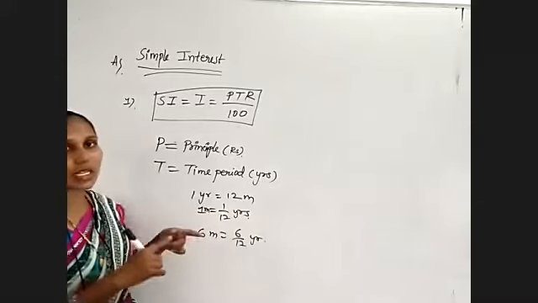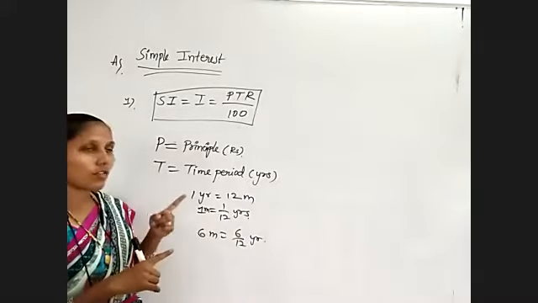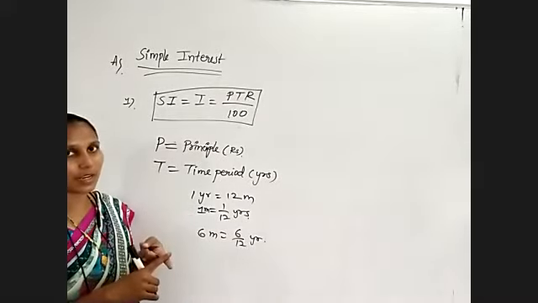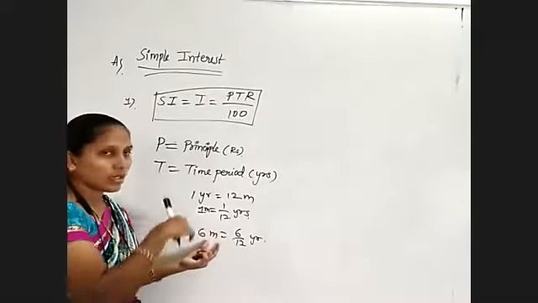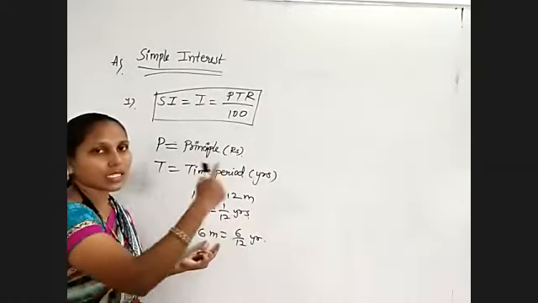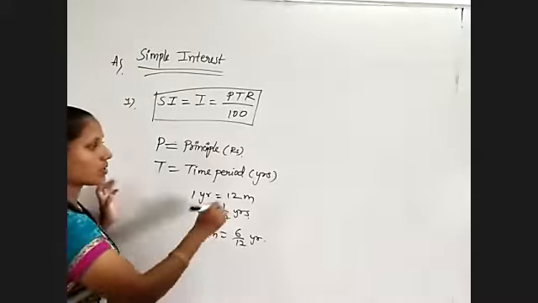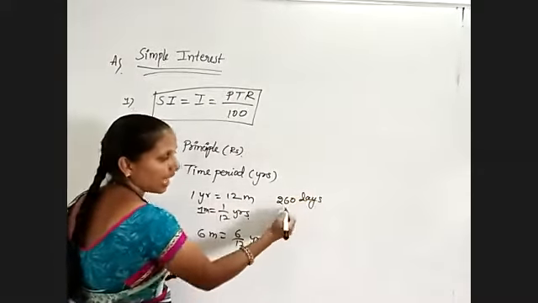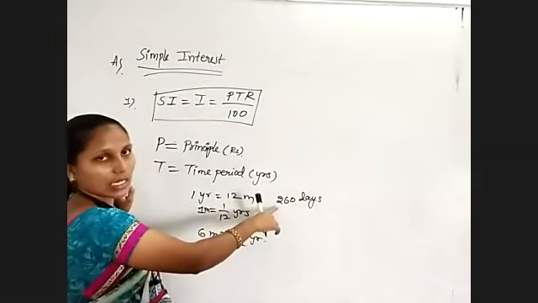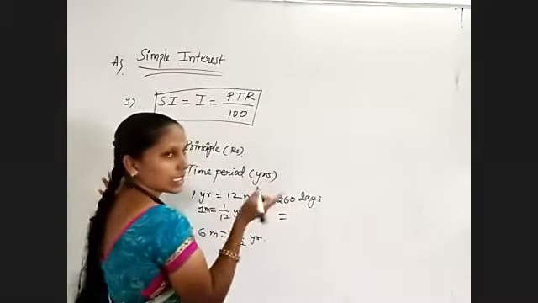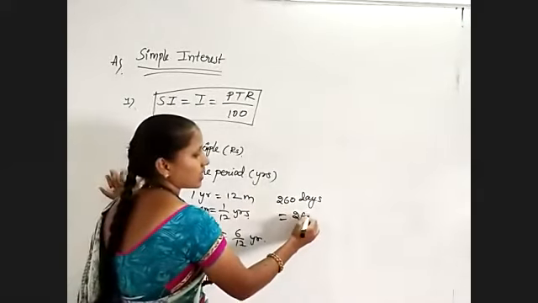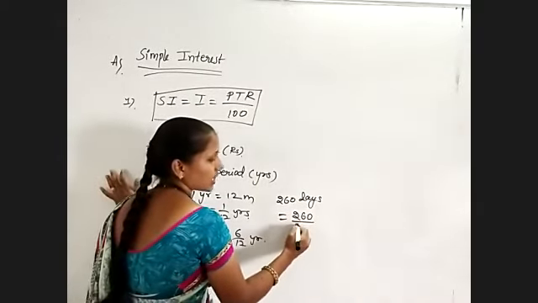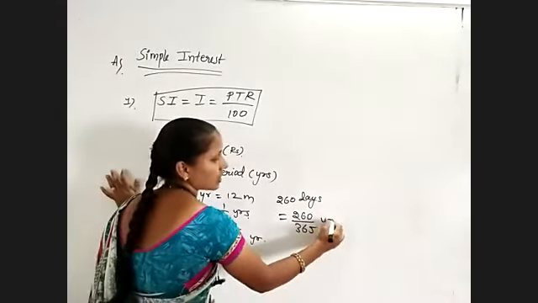In the same way, if the time is given in days, for 1 year how many days do we have? 365 days. So whatever value they give, to convert it, suppose 260 days are given and I want to convert it to years. For 1 year, 365 days are there, so 260 days is equal to 260 by 365 years.